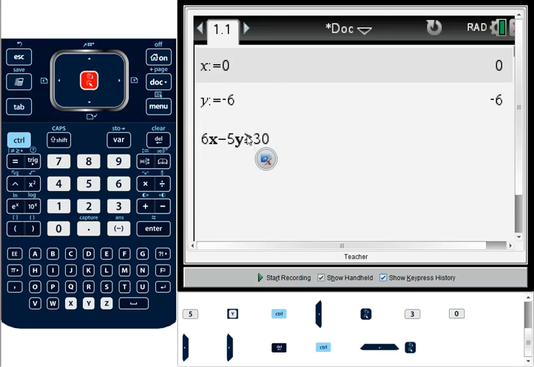When the arrow points to the right, those are greater values. When it points to the left, it points to the lesser values. This one points to the greater values, so that's my greater than symbol. Good catch, you guys. So now I'm going to hit enter, and I get true.